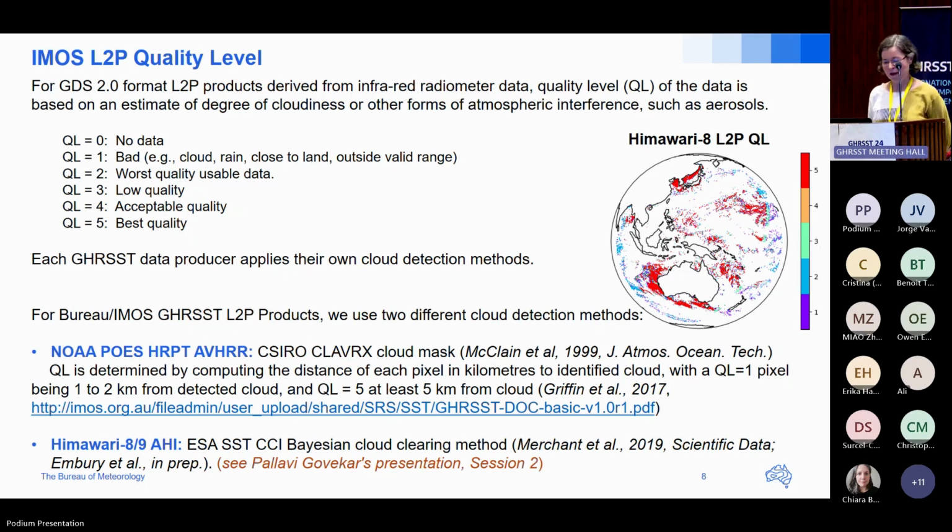Each GHRSST producer of data applies their own cloud detection methods, which can vary quite a lot. For Bureau IMOS GHRSST L2P products, we use 2 different cloud detection methods.